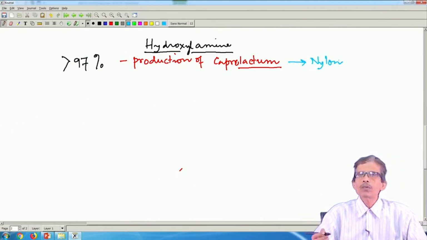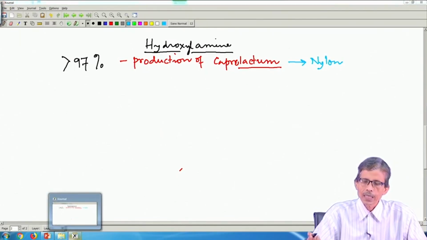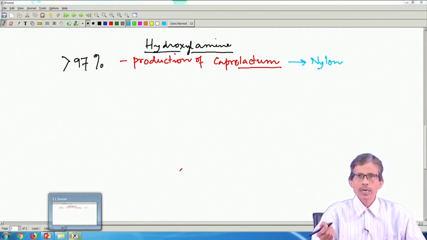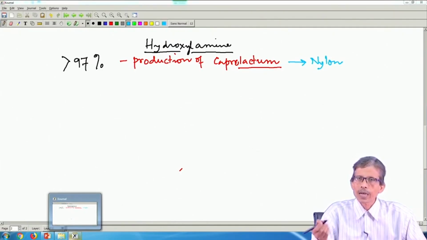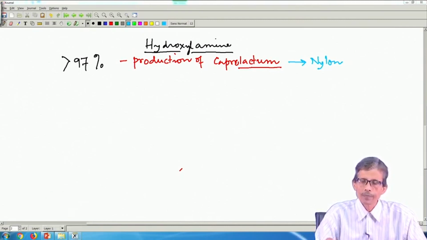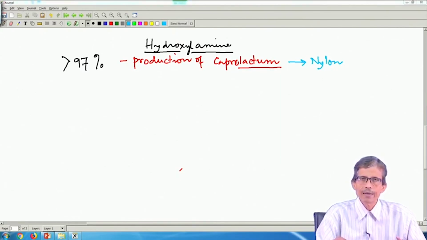So, this particular course is therefore very important in understanding that if I ask you how nylon is dependent on industrial inorganic chemistry, you can have a very simple answer from there. I know now that the production of nylon is dependent on caprolactam production, and that caprolactam production is highly dependent on the availability of hydroxylamine, which should be cheaply and readily available.